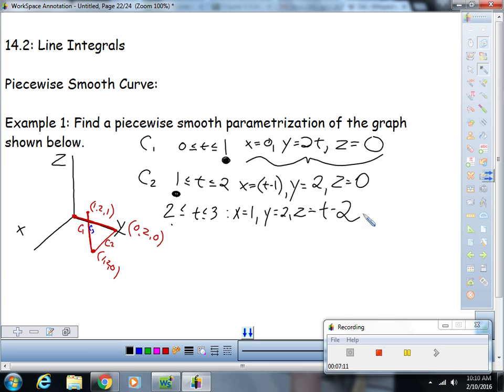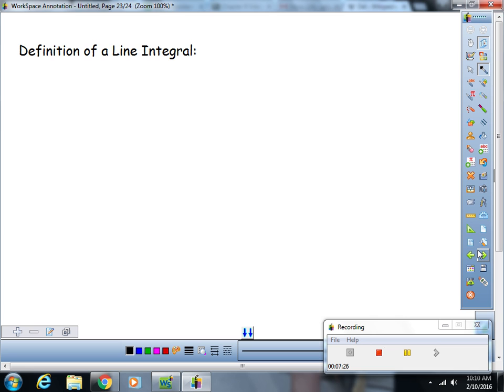Parametricize. Okay? All right, so we're going to skip the limit definition and just give you what it looks like. Notice that they're called line integrals, and this C, I think, refers to the curve.